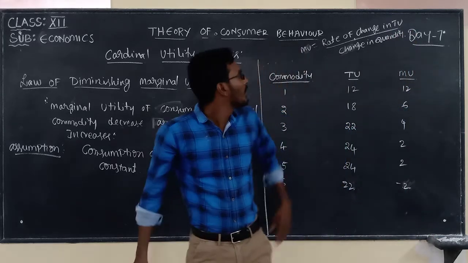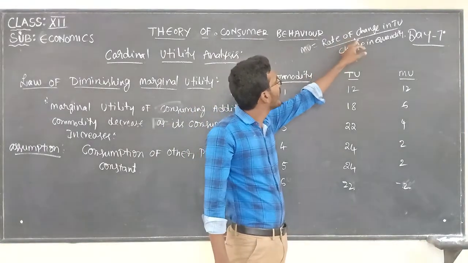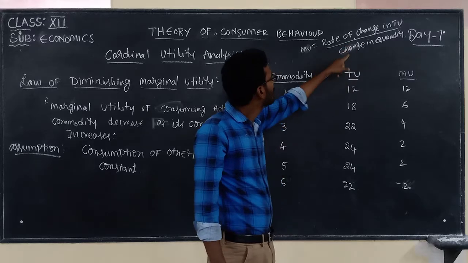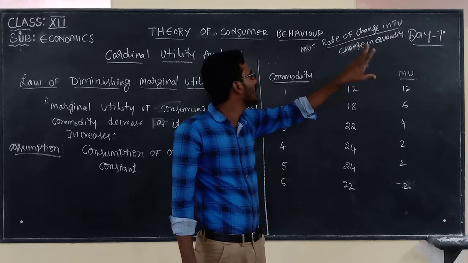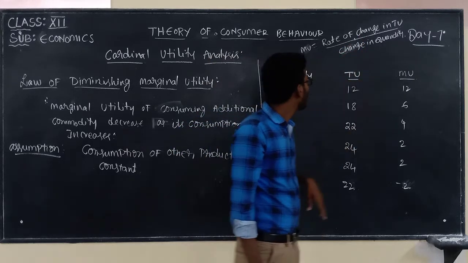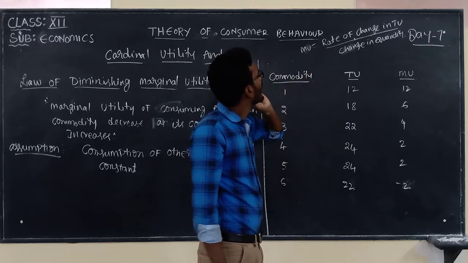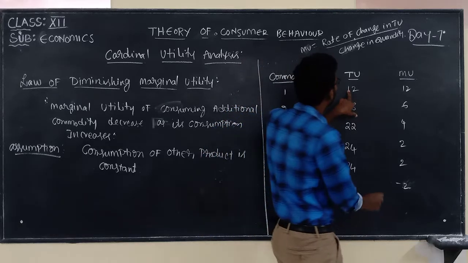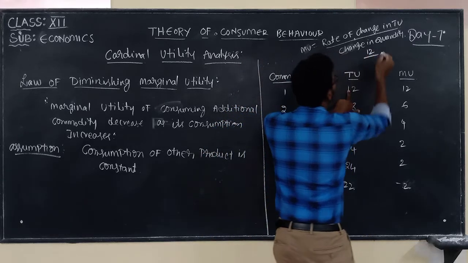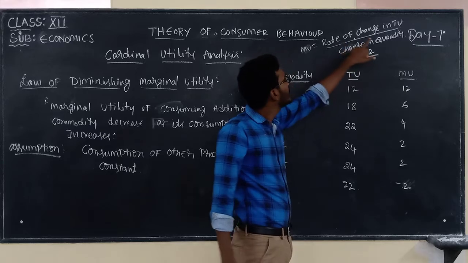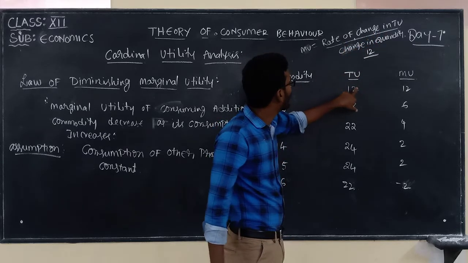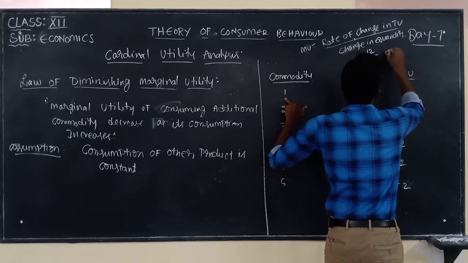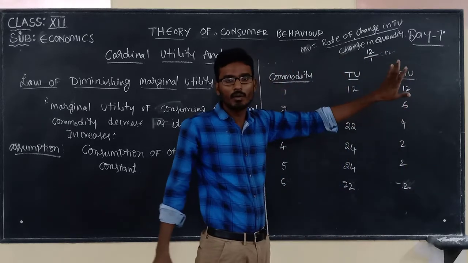Here we can consider the first one, the rate of change in total utility. First product total utility, how much? 12. The change in quantity is only 1. So it equals 12 only. You are clear, right?